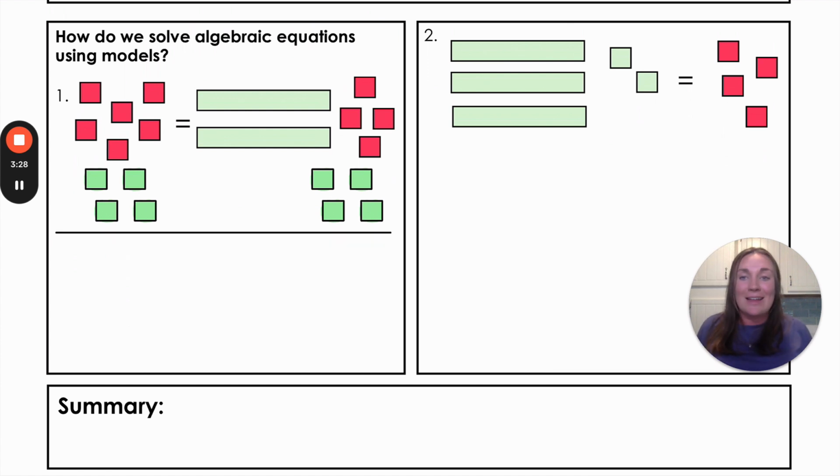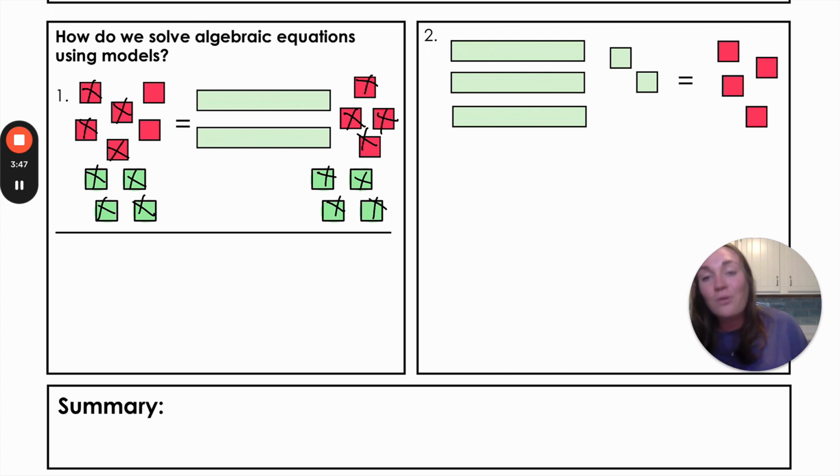Then I'm going to draw a big line underneath it just to show that that is my first step. Okay, now I'm going to look for those zero pairs. So again, these 4 and these 4 are going to make 0 overall, +4, -4 makes our 0. Now, this time I do have some zero pairs on the left-hand side I can cross out. I've got 1, 2, 3, 4 sets of zero pairs that I can get rid of, and I'm left with these 2 -1s.